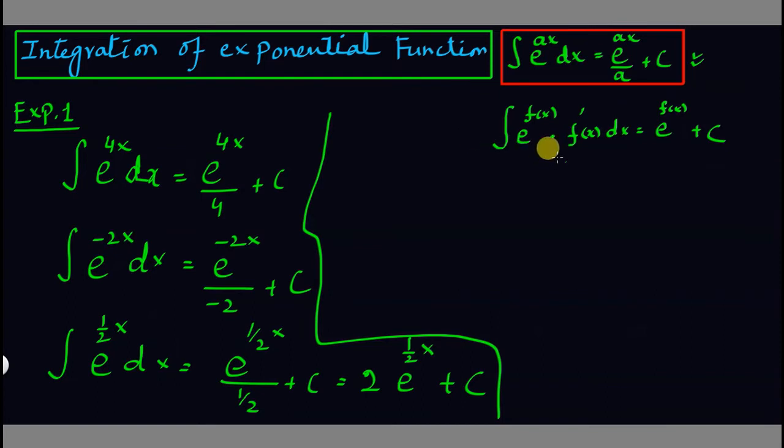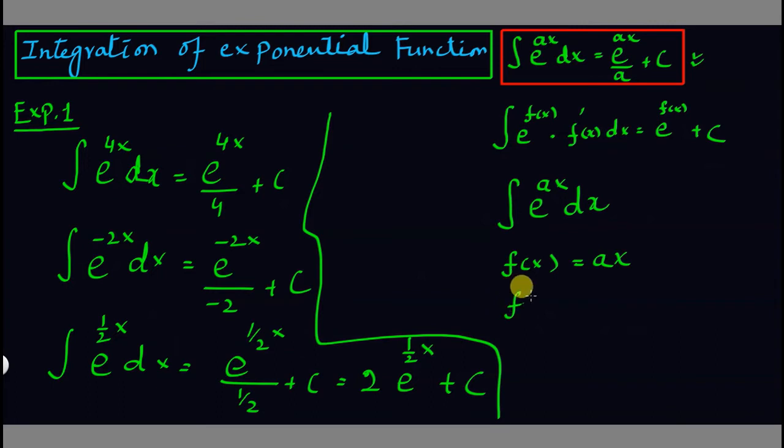But what about this formula? If you have a function like this, similarly you can prove the above formula by using this formula. For instance, if you have a general formula e raised to power ax dx, just select what will be f of x. Your f of x will be ax.